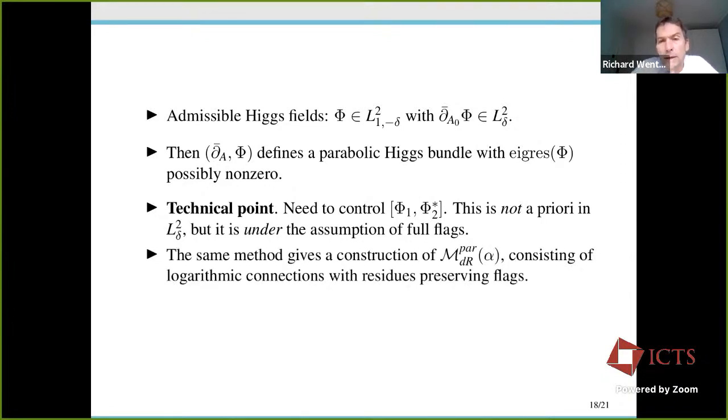Okay, so in that case, the same method gives the construction of the moduli space, and the non-abelian Hodge correspondence has essentially been proven by Simpson, but in this context, maybe Biquard's work is more relevant in this weighted Sobolev context. In any case, we get a correspondence between elements of the parabolic Higgs bundle space, and an analogous one that we construct on the de Rham side. Okay, so the same kind of construction will work for flat connections.